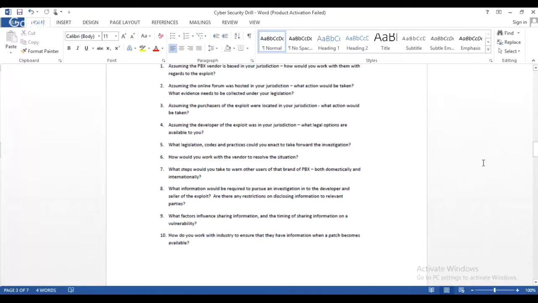Yes, Dishan. So, in the eighth question, what information would be required to pursue an investigation into the developer and the seller of the exploit? Are there any restrictions on disclosing information to relevant parties? Most of the time, details of what was done by the attacker are stored in the incident management database.